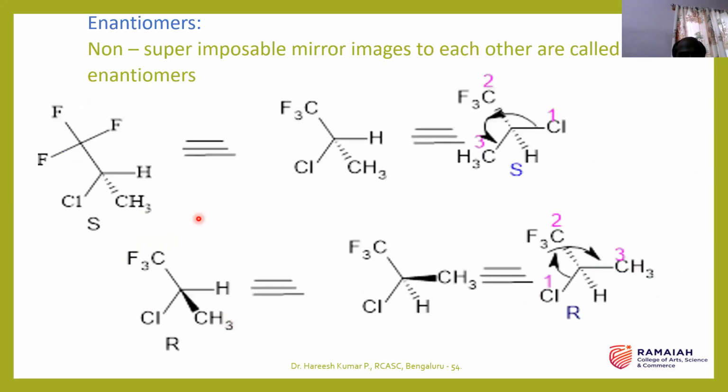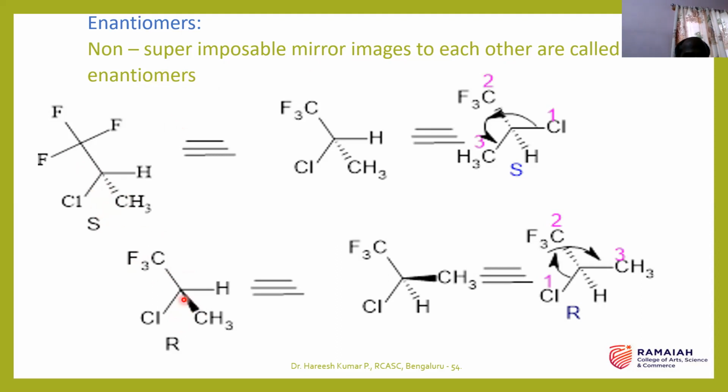So here, I think you know enantiomers. Enantiomers are non-superimposable mirror images of each other. So in this one as well as this one, both are enantiomers, because this has an S configuration and this one has an R configuration. What is the difference?